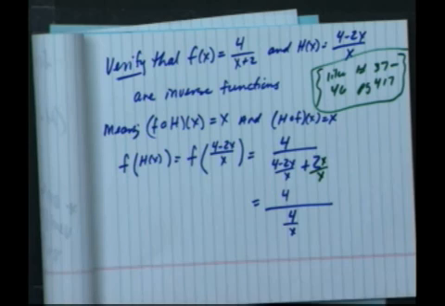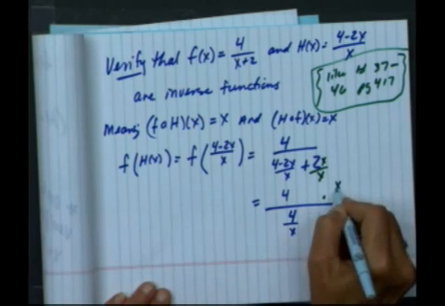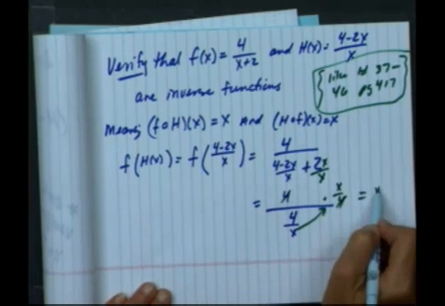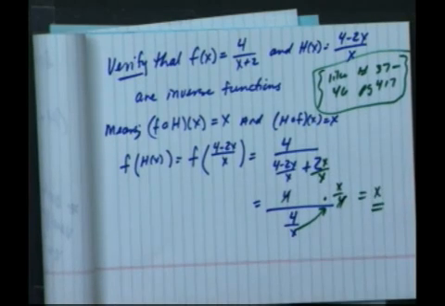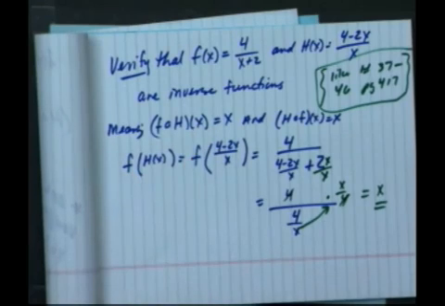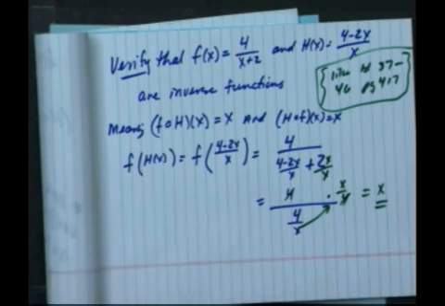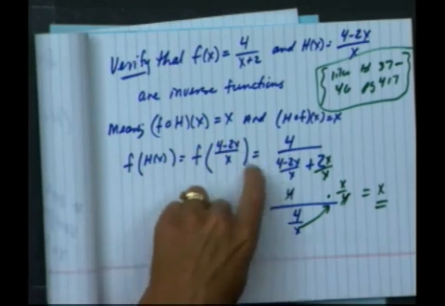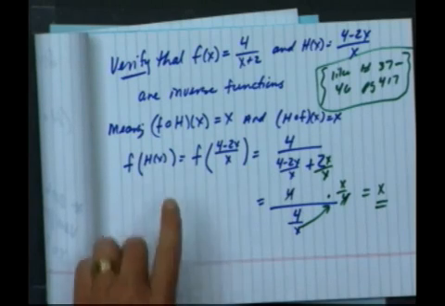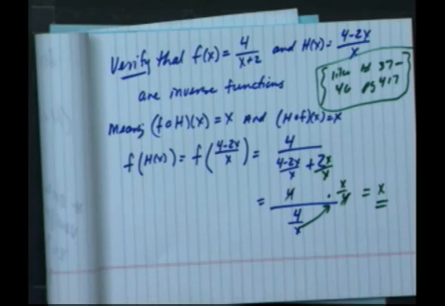Then I'm just going to invert and multiply. The 4's divide out, and I get x. So that's the first part of that theorem: if you form this composition, whatever you start with, you stick it in the function, in this case h, it changes the appearance, you put it in f, and it gives you back what you started with, namely x.